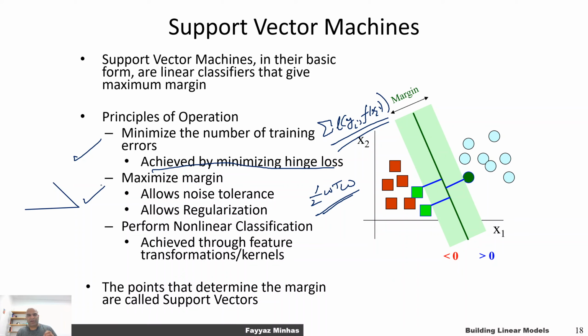And then there is a trick that allows us to transform any problem that is not linearly separable into a linearly separable problem using something called the kernel trick, and then we are able to solve any problem that may not be linearly separable using support vector machines.